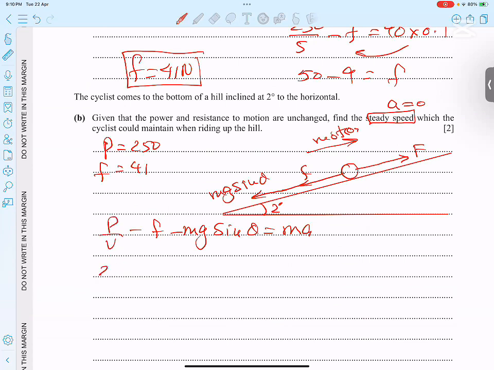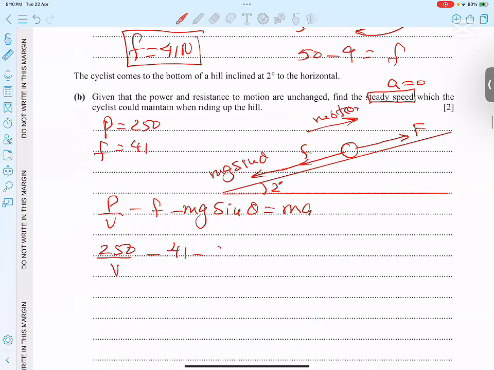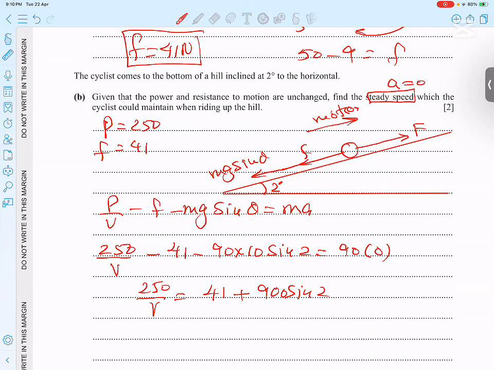I plug in the numbers, 250, and we need to find out the speed. So v unknown, and 41, mass is 90. So 90 into 10 into sine 2 degrees is equal to 90 times 0. Okay, so I will bring 250 over v, and this other component I bring on the other side. So 900 sine 2 degrees. So it's a matter of just typing in the calculator.